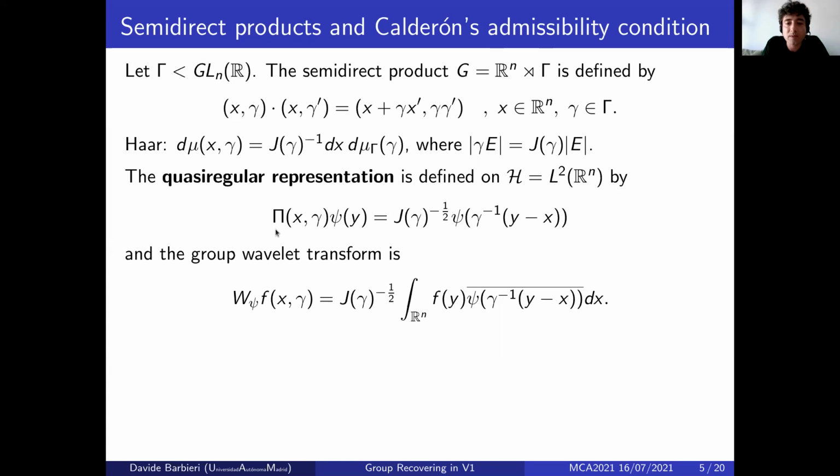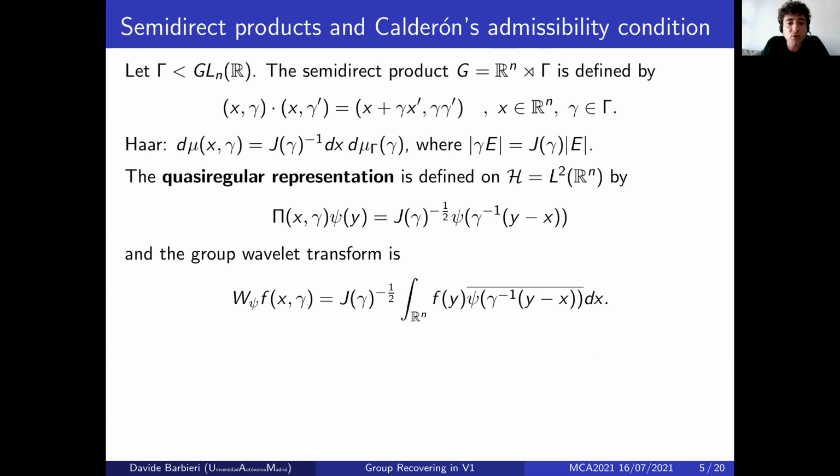define a standard unitary representation of this group on the space L2 of Rn in this way, and define a group wavelet transform in this way. Okay, so this group wavelet transform is a generalization of the usual wavelet transform, where Rn is simply R and the automorphisms are given by dilations.